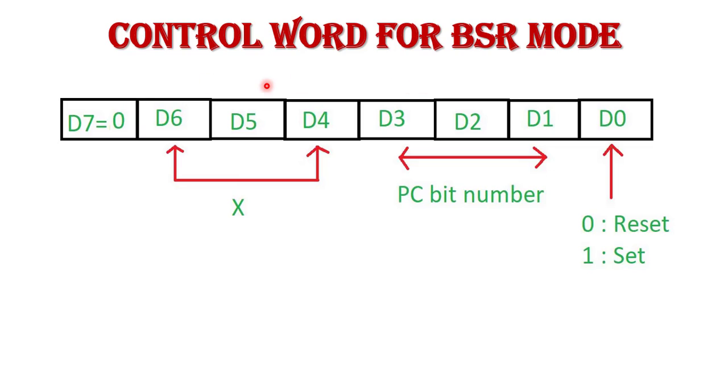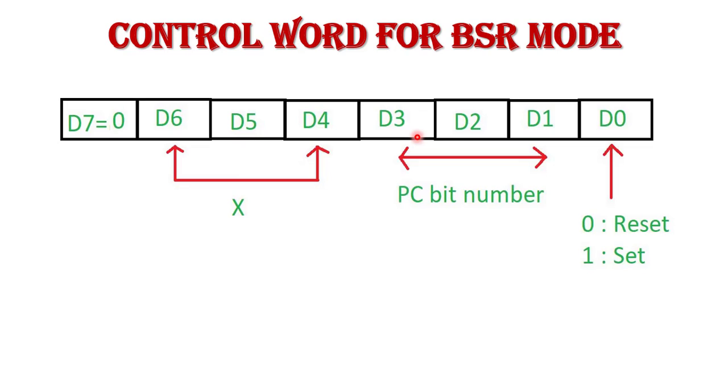As I have already told, the most significant bit, that is D7 bit, defines in which mode 8255 is working. So for BSR mode, the value of D7 equals 0. Now the next bits of BSR mode, that is D6, D5, D4 bits. In case of BSR mode, these bits are not used presently, so generally the value of these bits is set to 0.